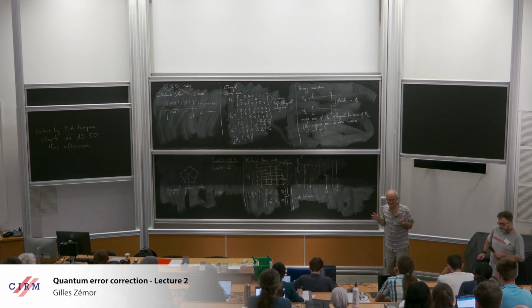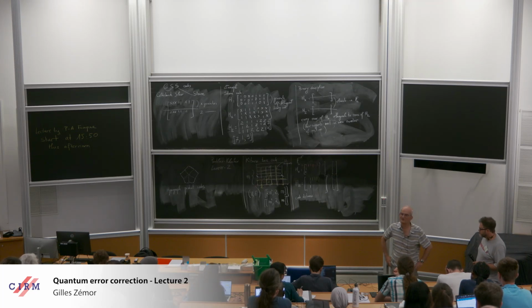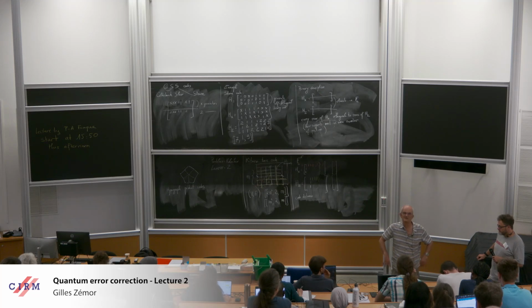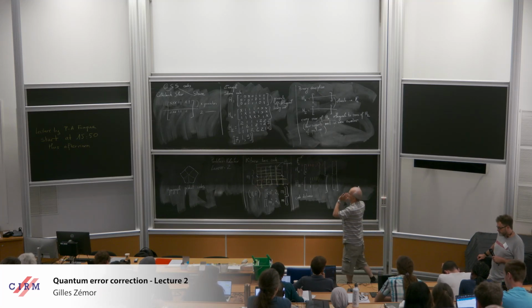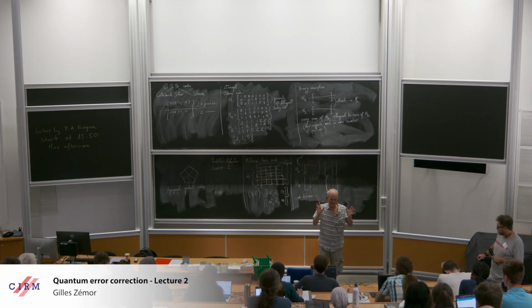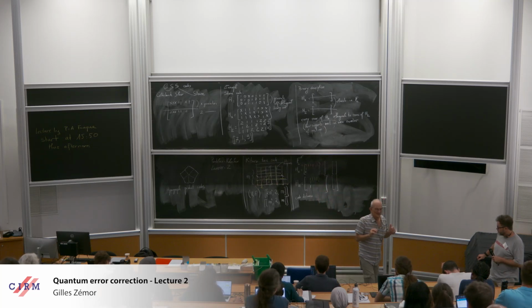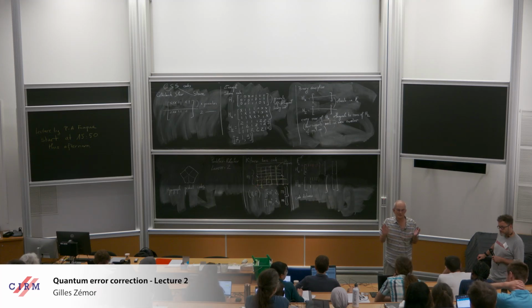And the question was more, how do you apply gates on this code? Yeah, so this is ongoing research. Strictly speaking, quantum LDPC codes in the basic format protect quantum memories, if you want, as opposed to quantum circuits.